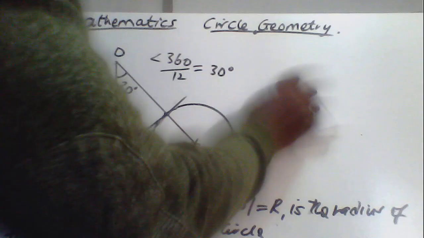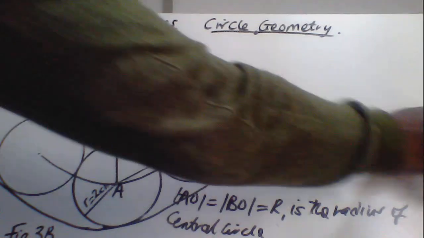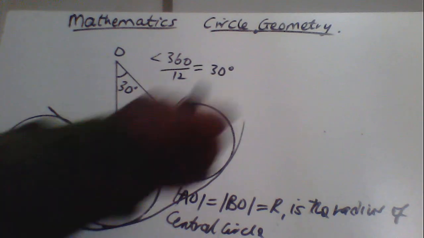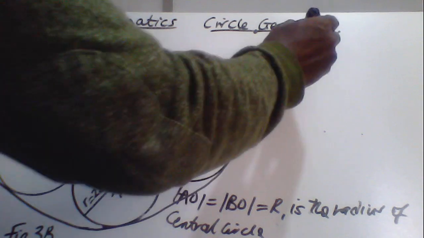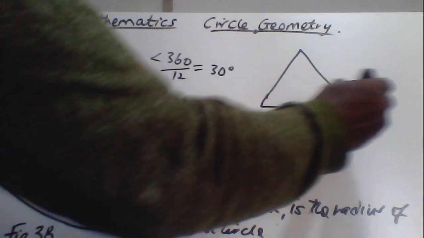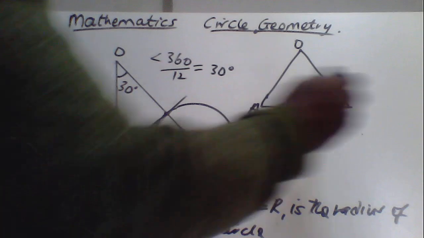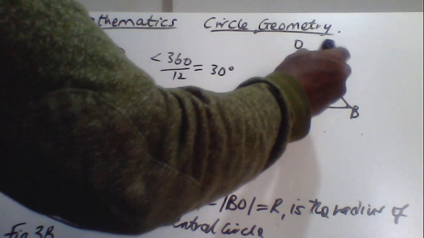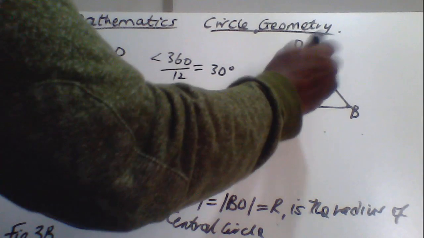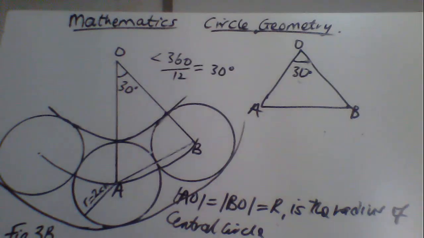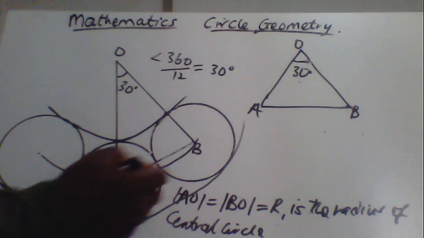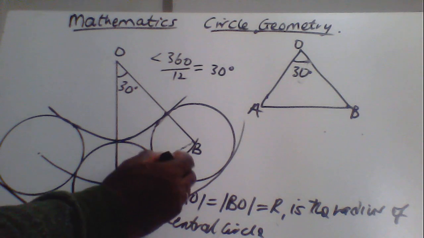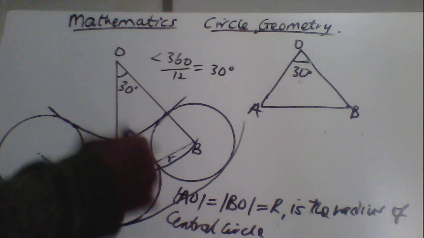So once we have got the idea of what we are to solve, let me first draw this triangle so we can look at it very clearly. The triangle is in this form. Here is O, A, B. We have gotten this angle to be 30 degrees. So AB is gotten from joining the radii of the similar circles.